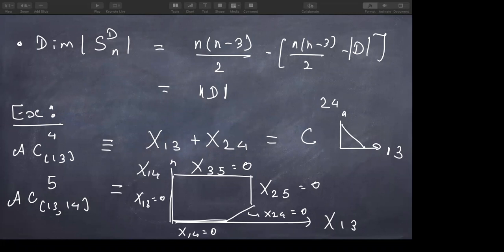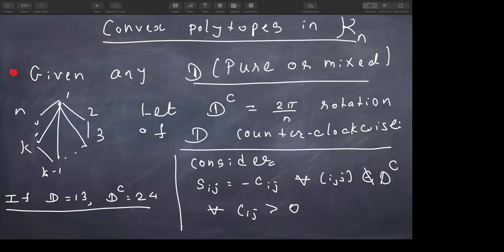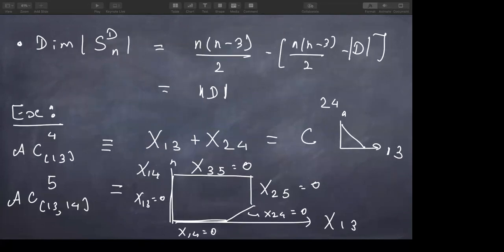I give you two examples. If I take the one-dimensional associahedron and use this equation, Sij equal to minus Cij, so only one equation, S13 is minus C13, that translates in the x variables to just this simple equation, which is x13 plus x24 is a positive constant.